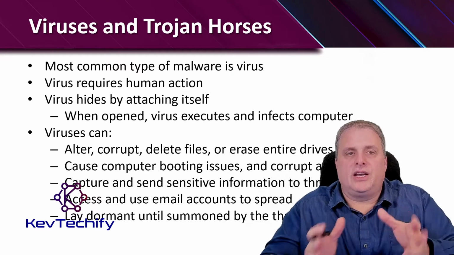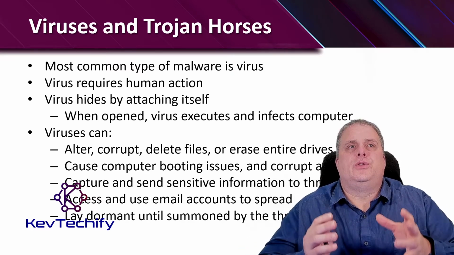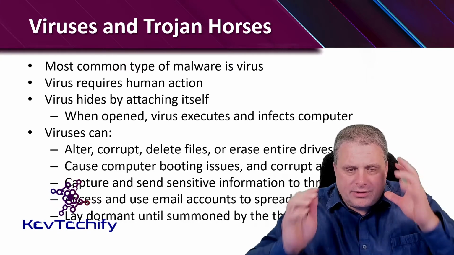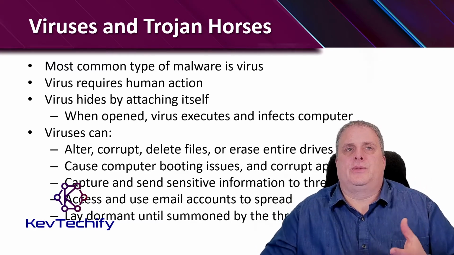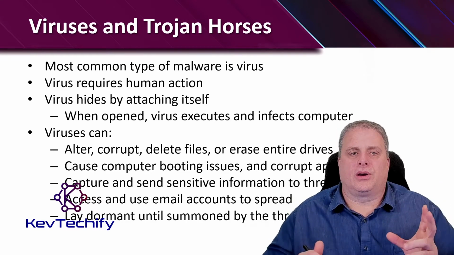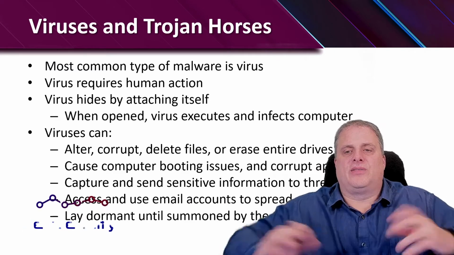And the thing to understand here again is it requires interaction from a human to propagate and infect other computers. The virus hides by attaching itself to different types of files, code, software, and documents on a computer. And then when opened, the virus executes and then affects other computers.